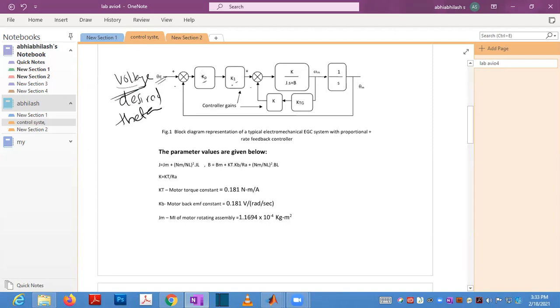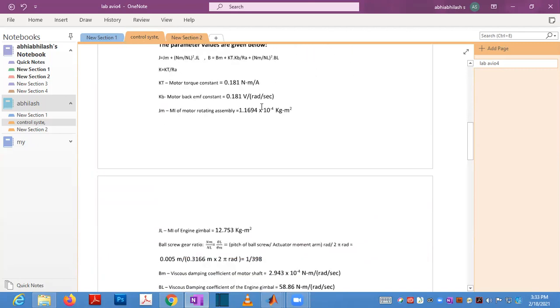This K1 is the proportional controller gain, and this is K divided by Js plus B. This one you have derived. This K is equal to Kt by Ra. This J is equal to Jm plus Nm by Nl the whole square into Jl, and B is this one. And K, K1, K2, these things you have to find.